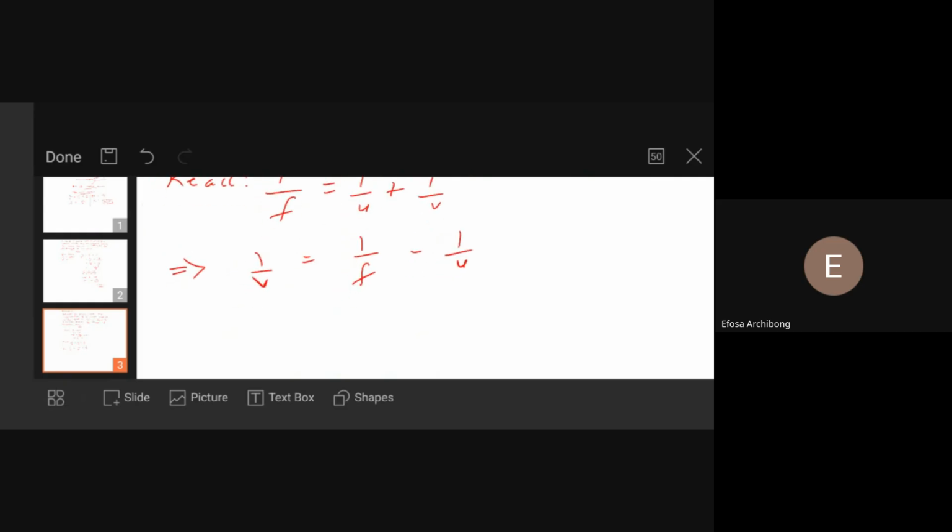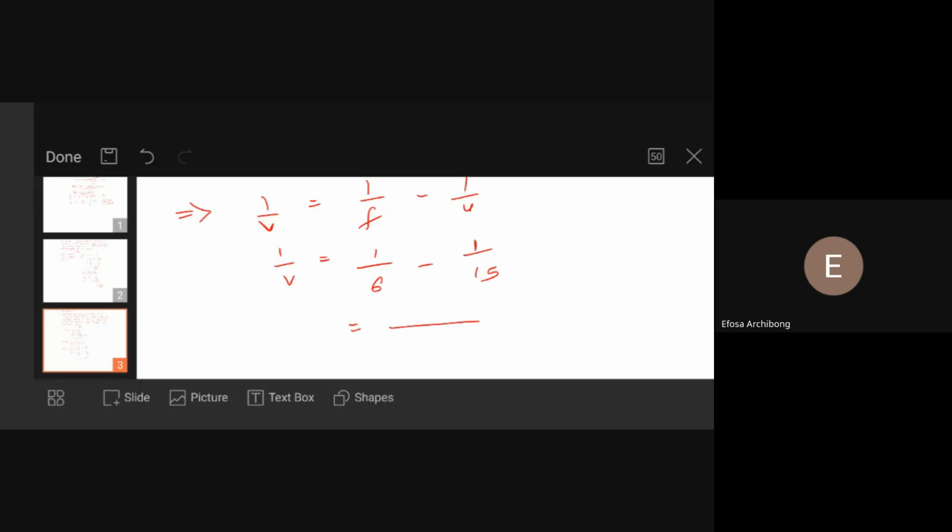If I put the values into the formula, I have 1 all over F, where F is given as 6, minus 1 all over U, where U is 15, so 1 all over 15. Everything is equal to 1 all over V. Now how do I find the LCM of 6 and 15?